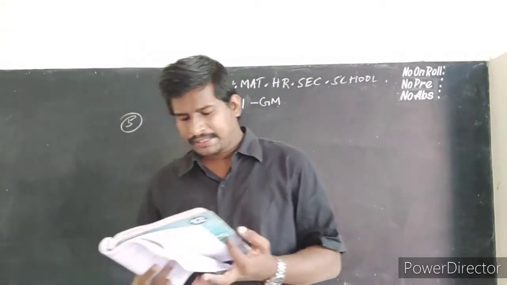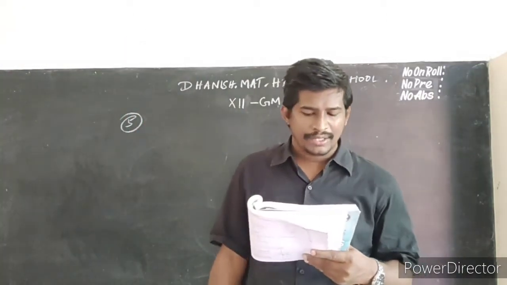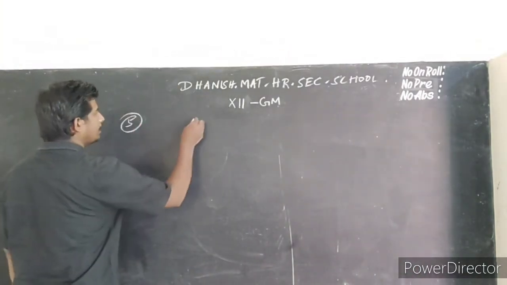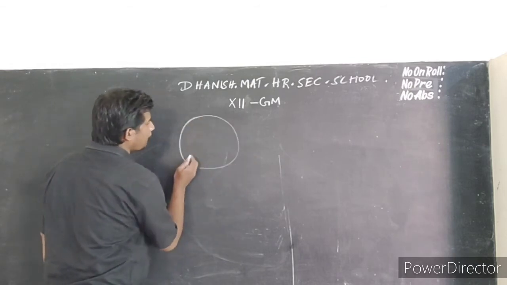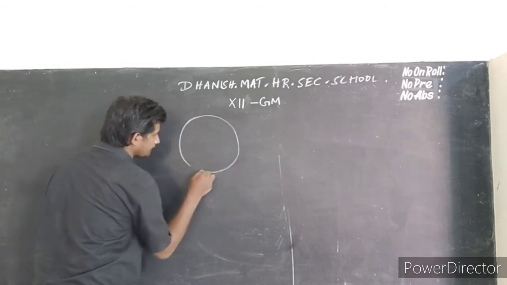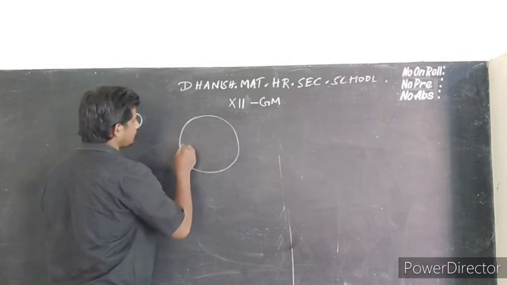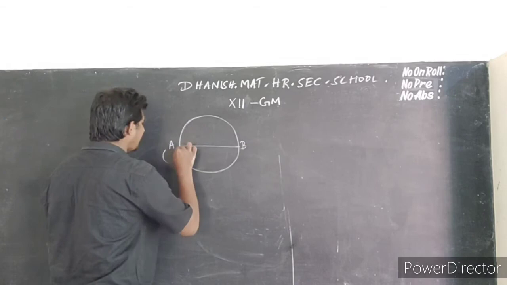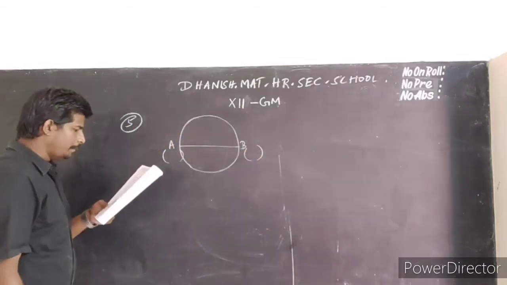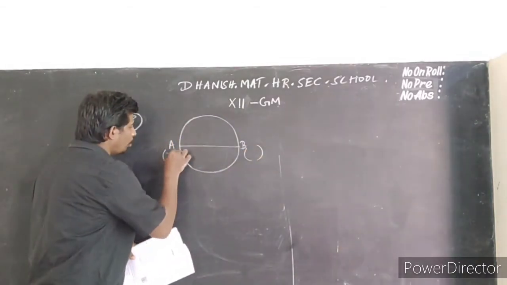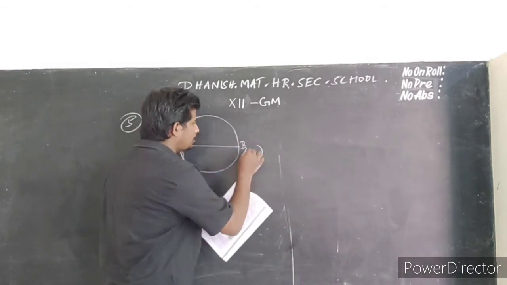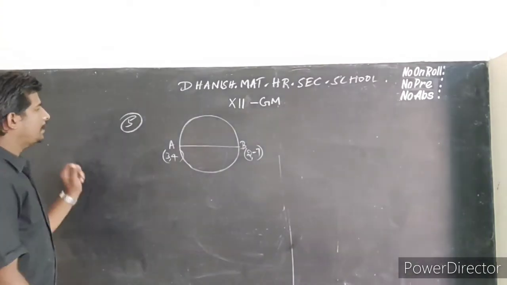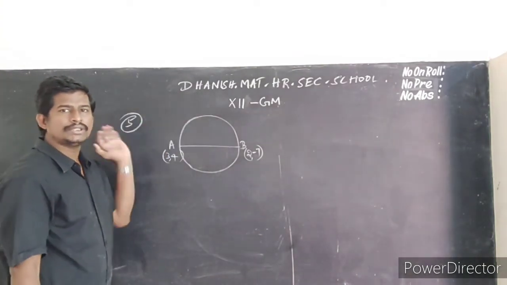Obtain the equation of the circle for which (3, 4) and (2, −7) are the ends of the diameter. Here the end points of the diameter are given. They can be taken as A and B, so A is (3, 4) and B is (2, −7). Here we are going to find the equation of this circle.